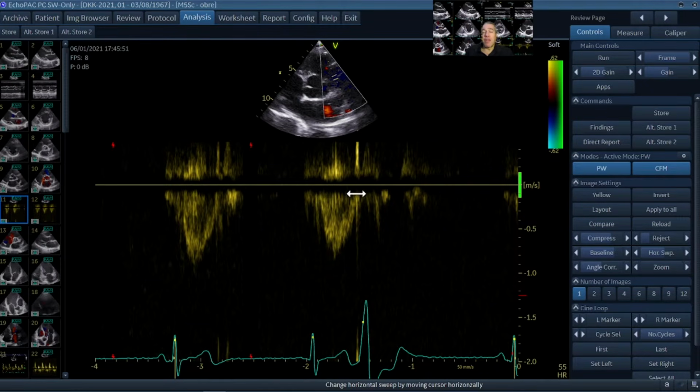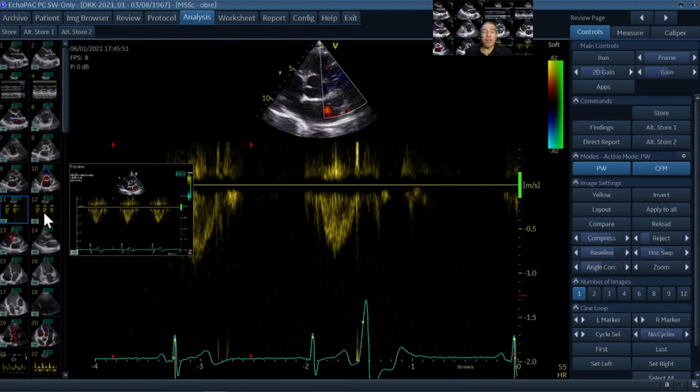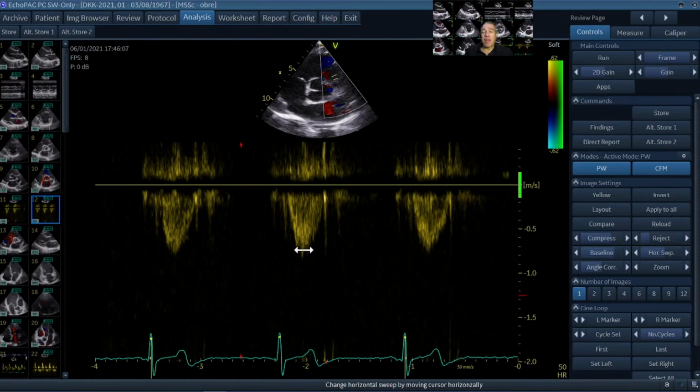So you have the outflow across the pulmonary valve, and you may exclude by that there is any significant pulmonary stenosis. Well, actually, to exclude pulmonary stenosis, or maybe also a stenosis in the main trunk of the pulmonary artery, you would also do a continuous wave Doppler recording.